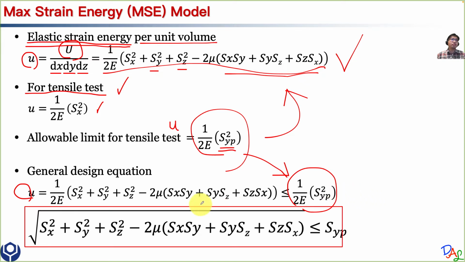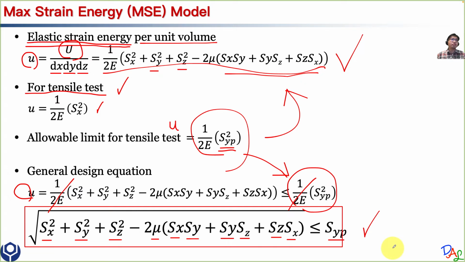Okay, if that's true, then we can get rid of some coefficients that are the same on both sides. At the end, we end up with a long equation where you can only see principal stresses along three different directions, and also Poisson's ratio and yield strength.